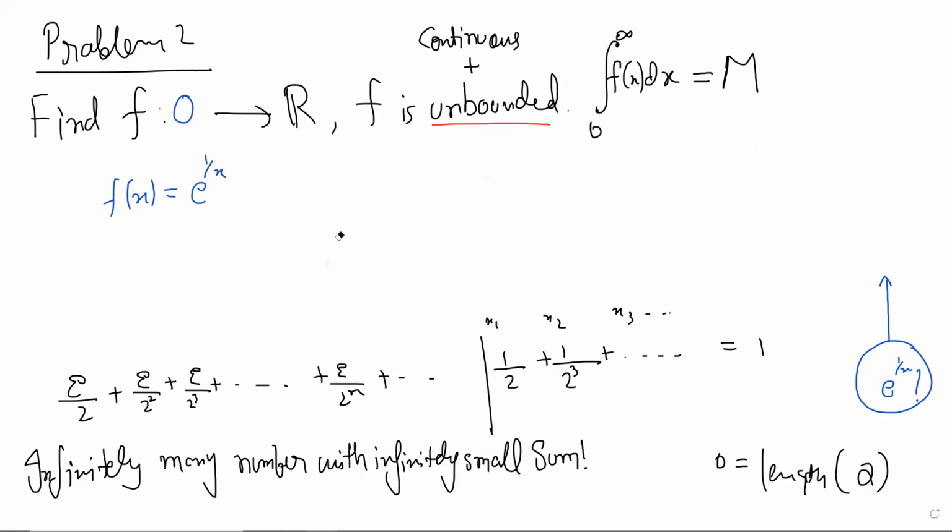e to the power minus x is less than 1 between 0 to infinity. Let me just make it 0 to infinity.